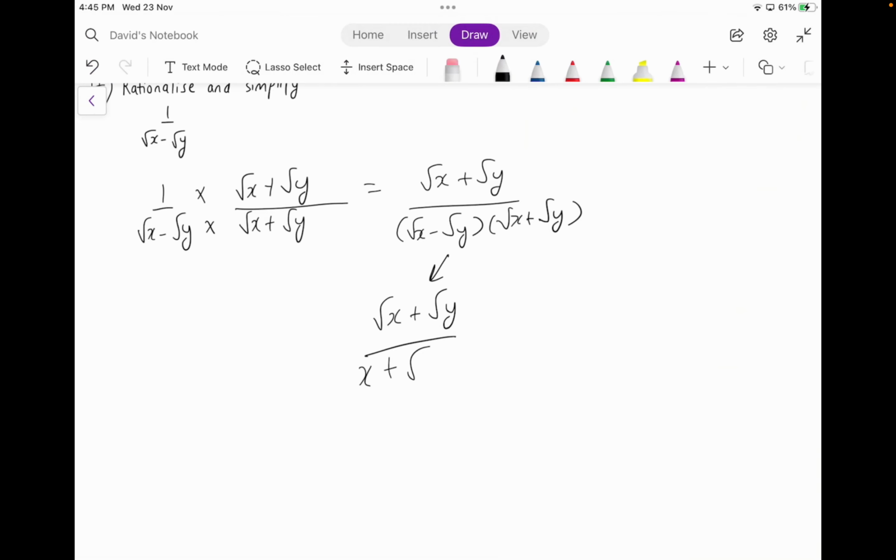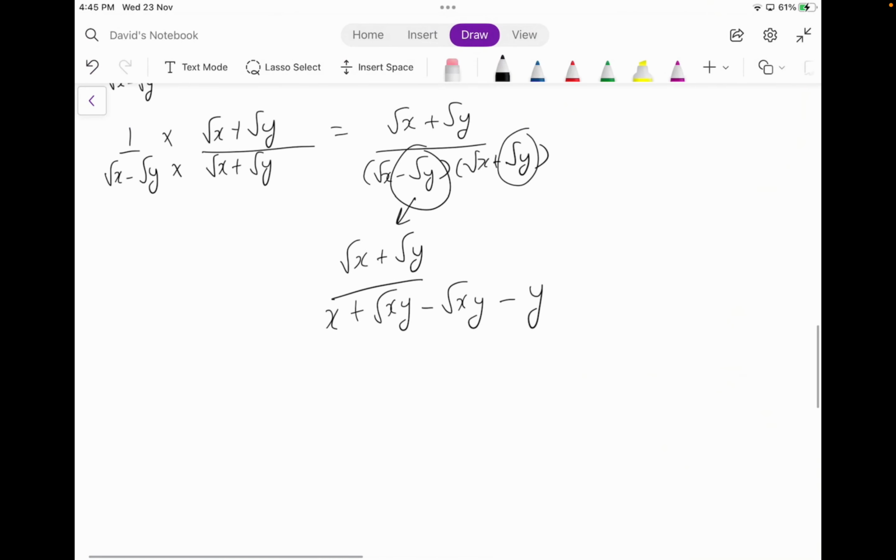It's going to give us square root xy minus square root xy again, negative square root of y times positive square root of y. That's going to give us a negative y. So these signs are a bit different, but you have to just write them down individually like this so that we understand it much better.